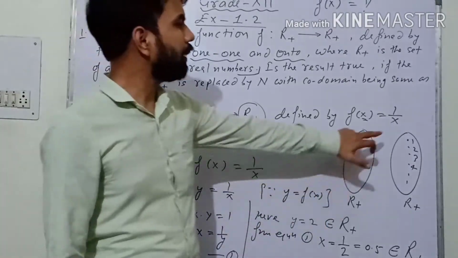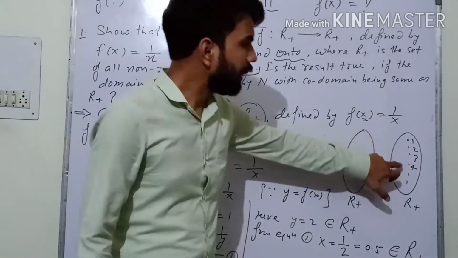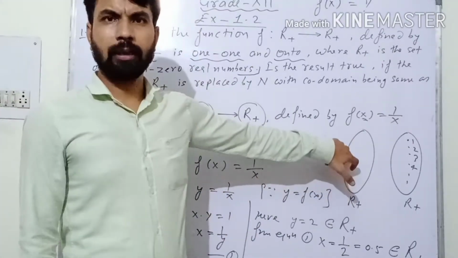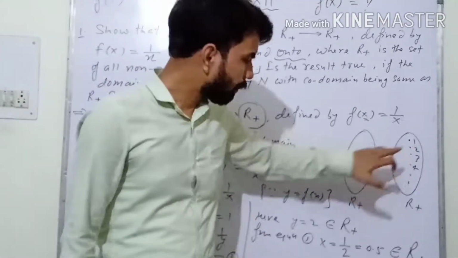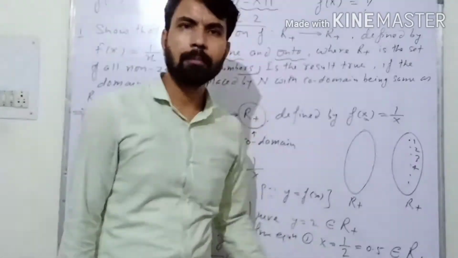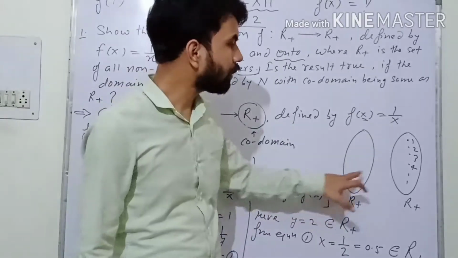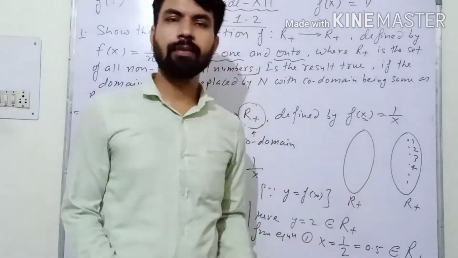Clear? So whatever value we take from here, its pre-image will be in its domain. Take any number, and when you substitute it here, you will get a real number only, because both are sets of positive real numbers.